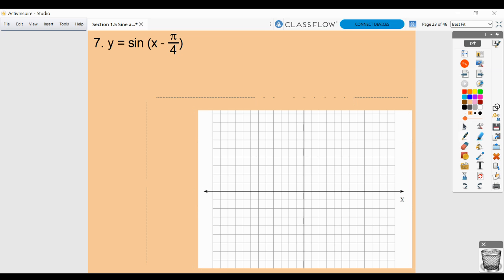Okay, so we have y equals sine of x minus pi over 4. Your a is 1. Your period is 2 pi over b, which is 1. So it's just 2 pi.